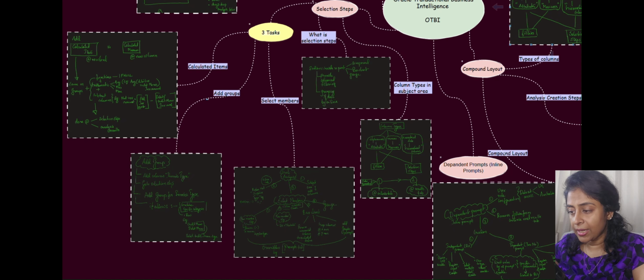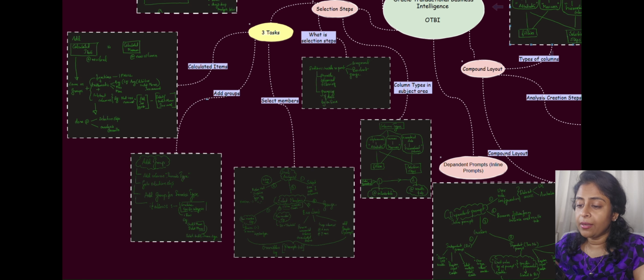You can override the selection with prompt parameters. This means users can dynamically choose which supplier types or business units to include at runtime, making your report truly interactive. When you apply select members, the changes are immediately reflected in both your tables and any associated charts, giving an instant visual feedback.